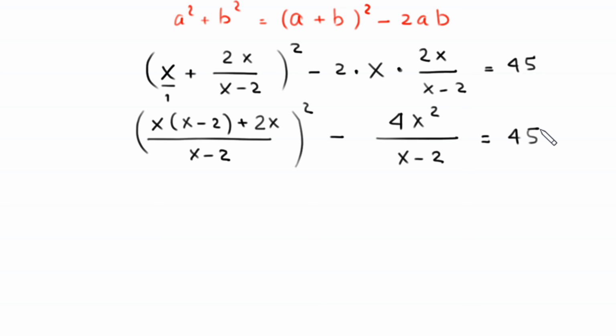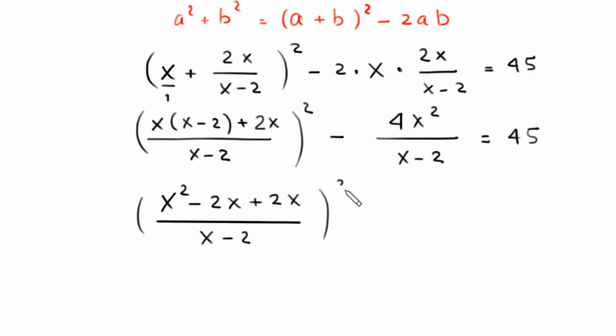Next, distribute this. x times x will become x squared, x times negative 2 is negative 2x, plus this 2x, divided by (x minus 2) whole squared minus 4x squared divided by x minus 2 equal to 45.